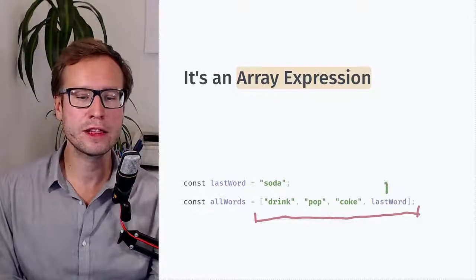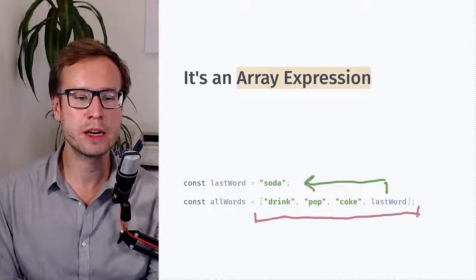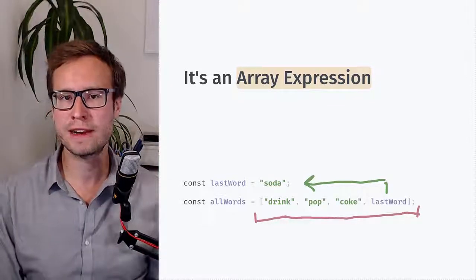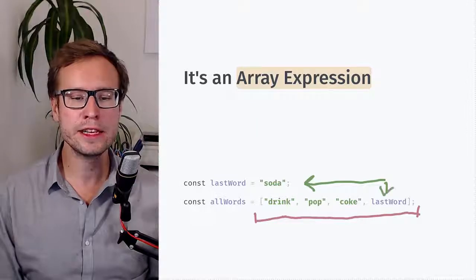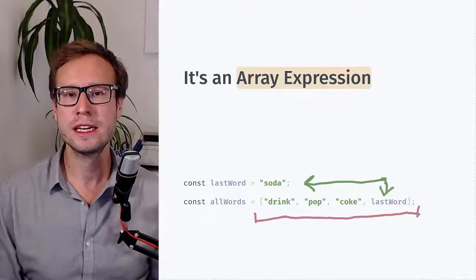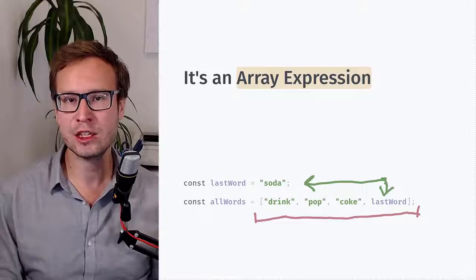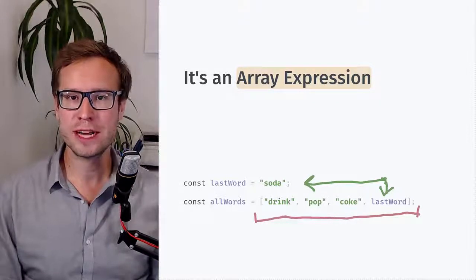If you look at the line just above, you can see what I'm doing here. I previously assigned a value to this variable that I called lastWord, and then in the expression here, I placed that in the last item of the array expression.